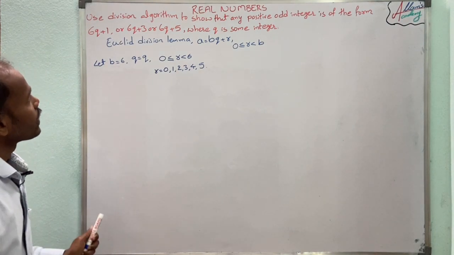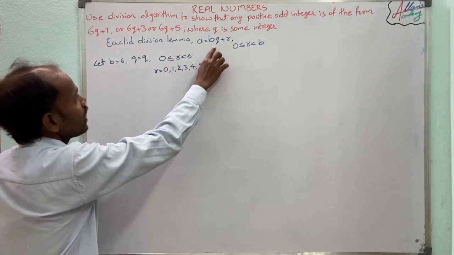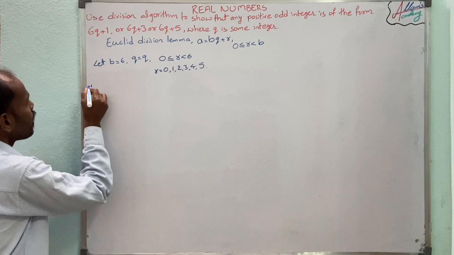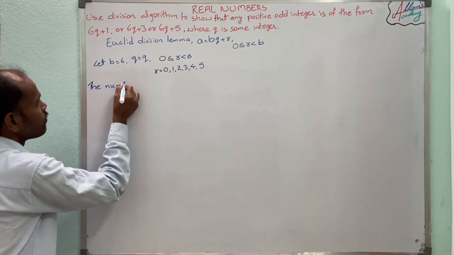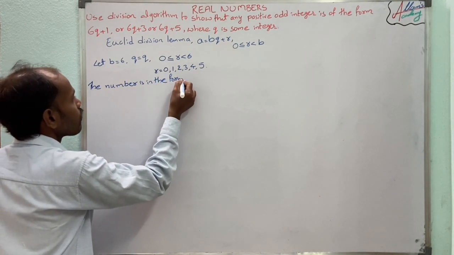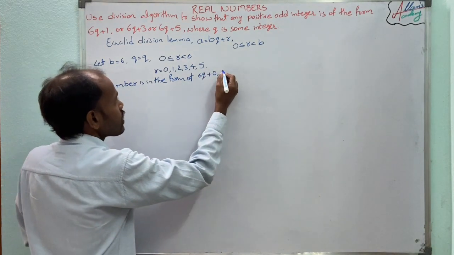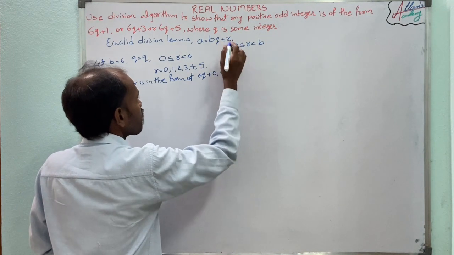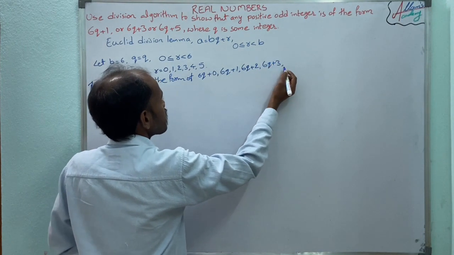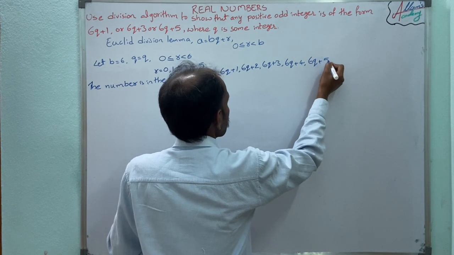Now by using 6q and the remainders 0, 1, 2, 3, 4, 5, the number is in the form of 6q plus 0, 6q plus 1, 6q plus 2, 6q plus 3, 6q plus 4 or 6q plus 5.